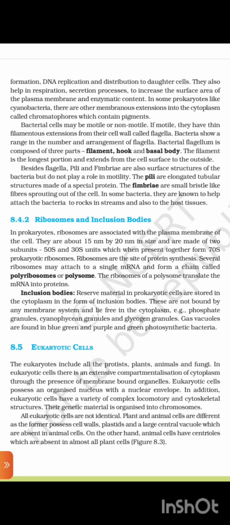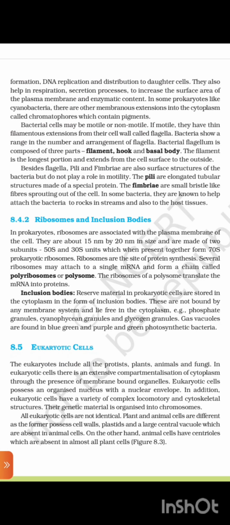Bacterial cells may be motile or non-motile. If motile, they have thin filament extensions from their cell wall called flagella. Bacteria show a range in the number and arrangement of flagella. Flagellum is composed of three parts: filament, hook, and basal body. The filament is the longest portion and extends from the cell surface to the outside.